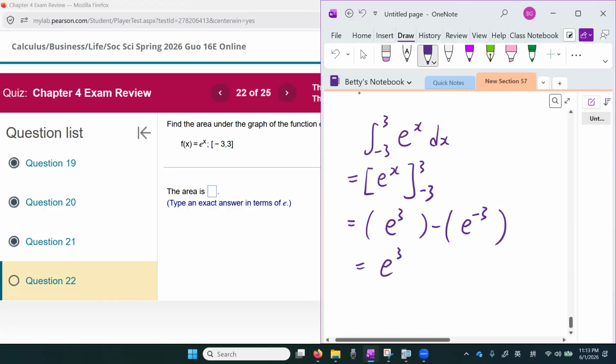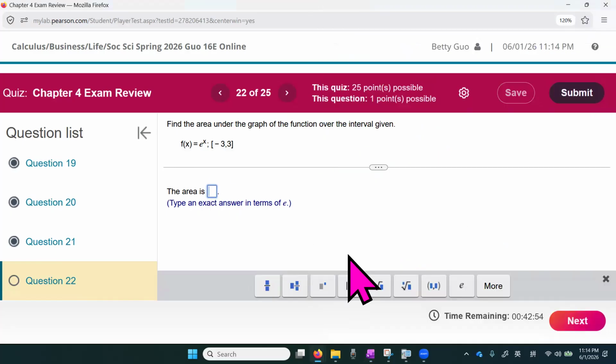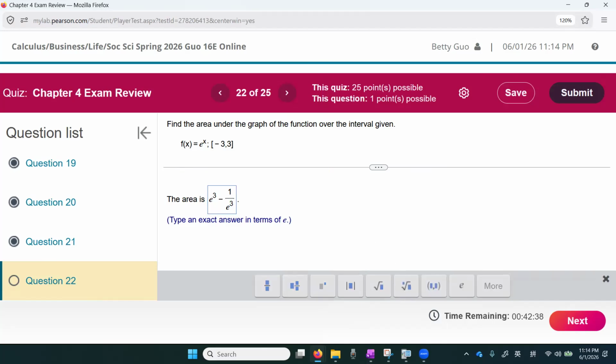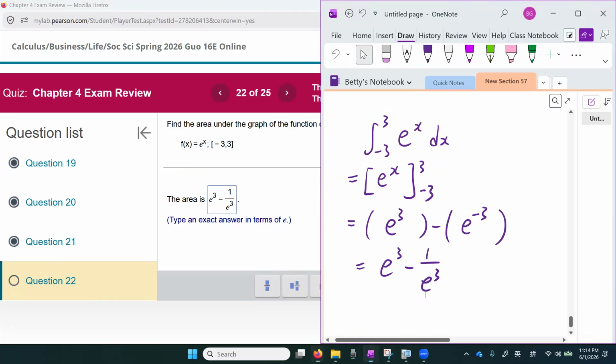So we have e cubed minus 1 over e cubed. Type an exact answer in terms of e. Yeah, we're going to enter e cubed minus the reciprocal of e cubed. e cubed minus e to the power negative 3, which is 1 over e cubed. Right.